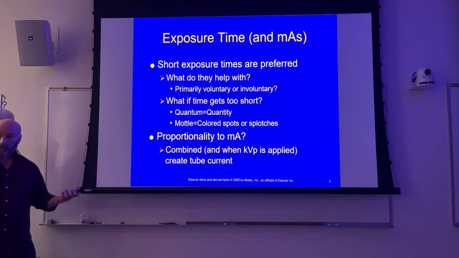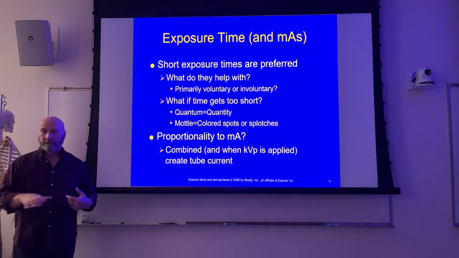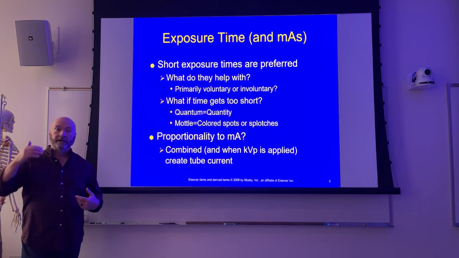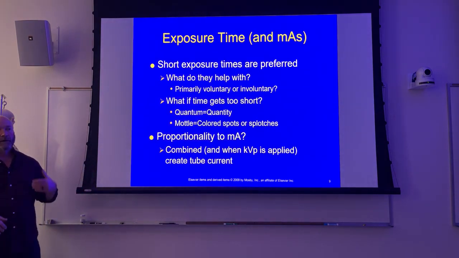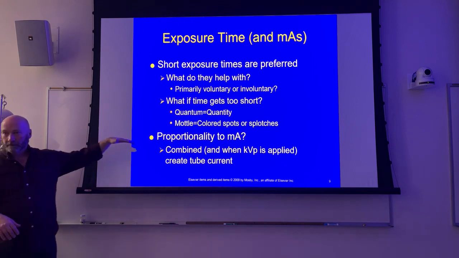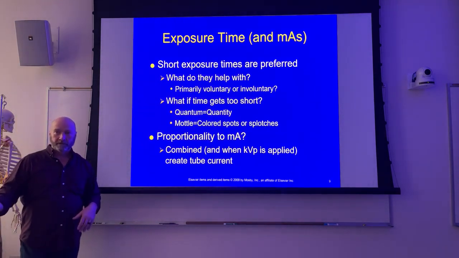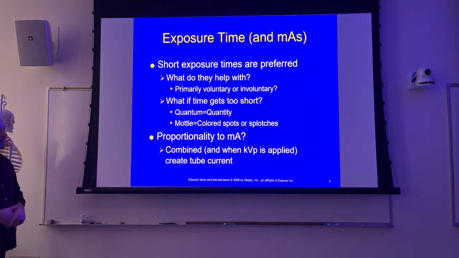It's not raining hard enough to soak the concrete, so what do you see? Specks, right? Now, once it starts raining hard enough to soak the concrete, it goes away. So you get enough quantity of water on the concrete, you don't see the spots anymore. But when you see the spots, quantum mottle. It's a mottled appearance because of not enough rain yet.